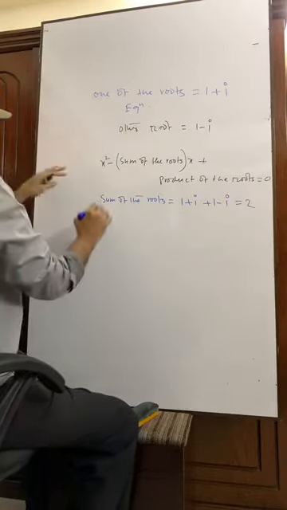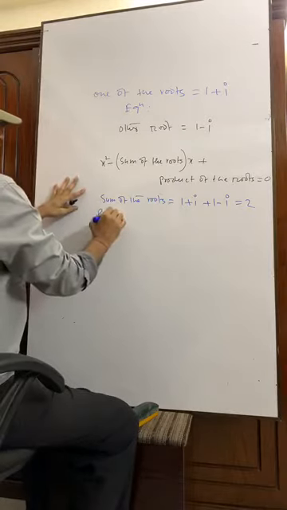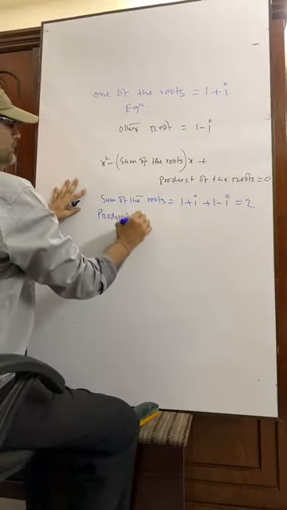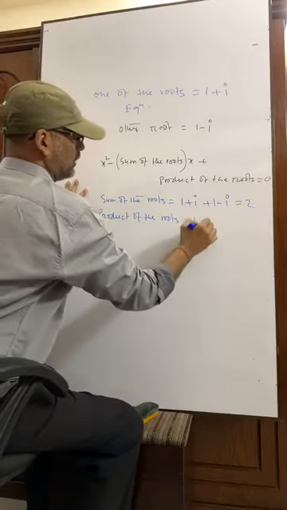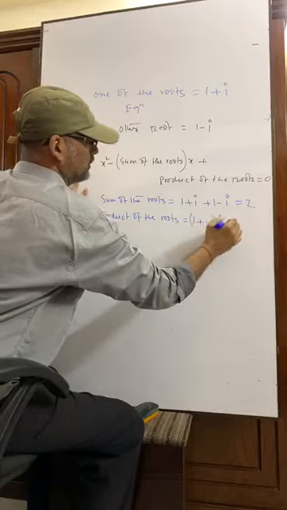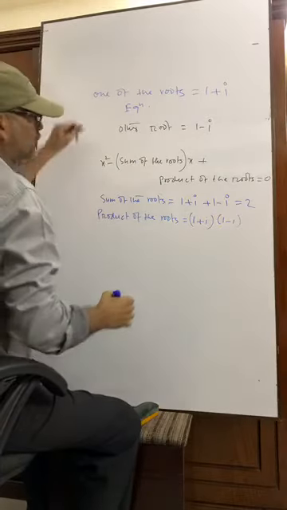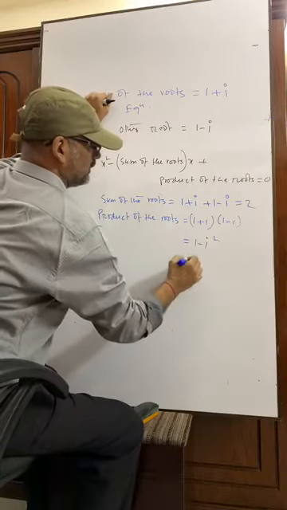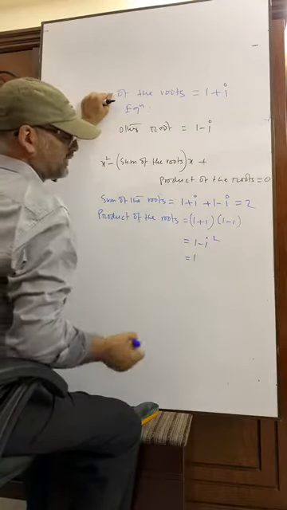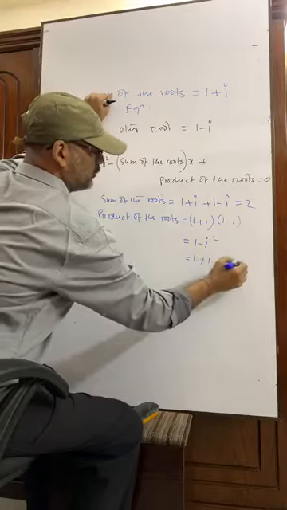And what is the product of the roots? Product of the roots, 1 plus i into 1 minus i, equals what? 1 minus i square. i square means minus 1, so 1 plus 1 equals 2.